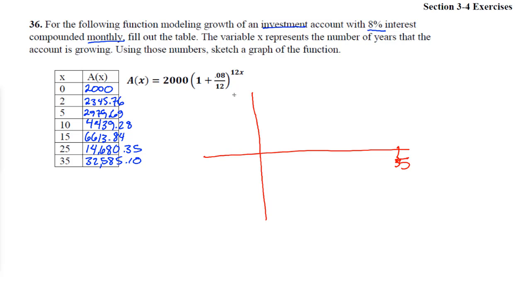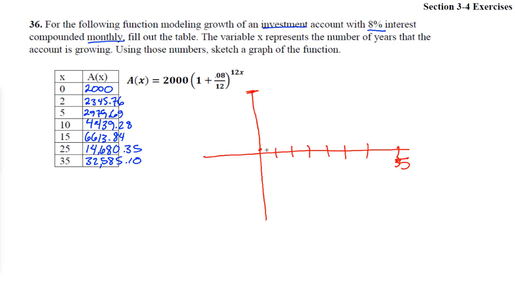And then on the y-axis, we're going to be up at around 35,000. So we've really zoomed out on the y-axis. So let's put these guys in. 0 is about 2,000. So we're about right here at 2,000. So that's at 0. And so let's do this 5, 10, 15, 20, 25, 30, 35 there.